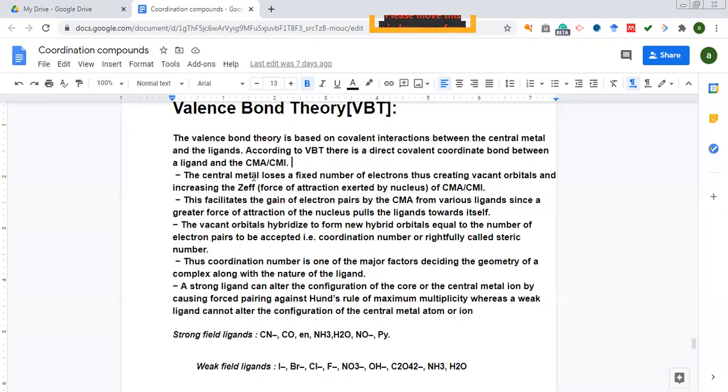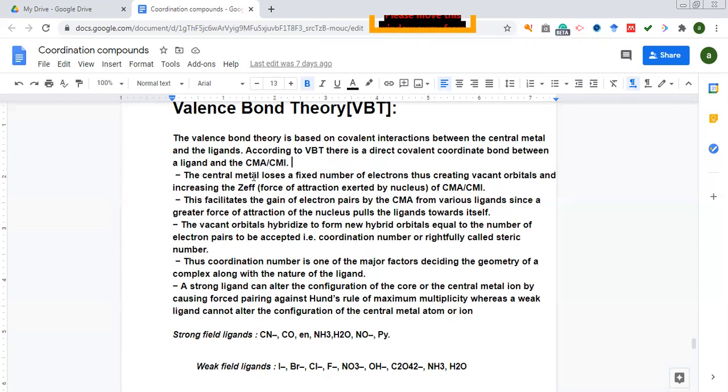So what is the difference between these 2 hybridizations? See here, in dsp3, the d comes before the s subshell. For example, if you consider a 3d transition element, in the 3d transition element, the outermost shell will be the 4th.